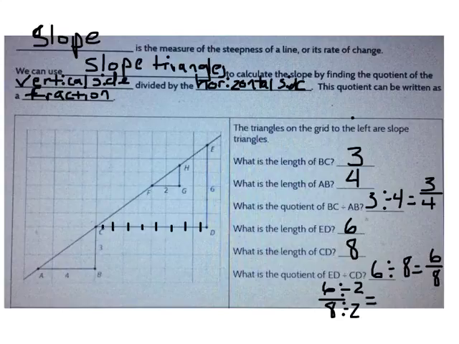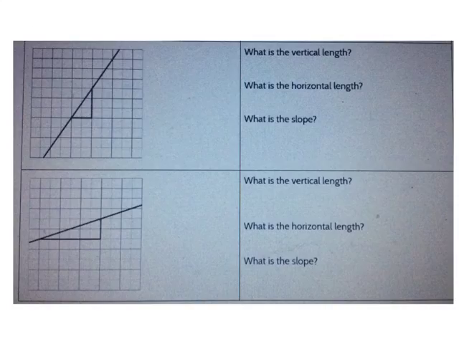When I simplify the fraction, what do I get? I get 3/4, the same slope with a different triangle. The slope of a straight line doesn't change, and I can use any triangle along that line to calculate the slope by dividing the vertical side length by the horizontal side length.